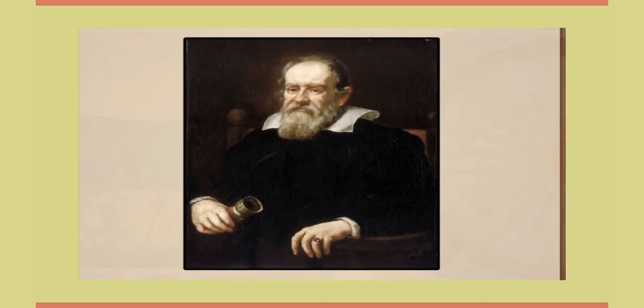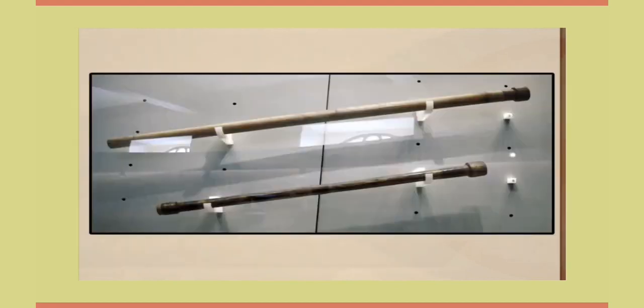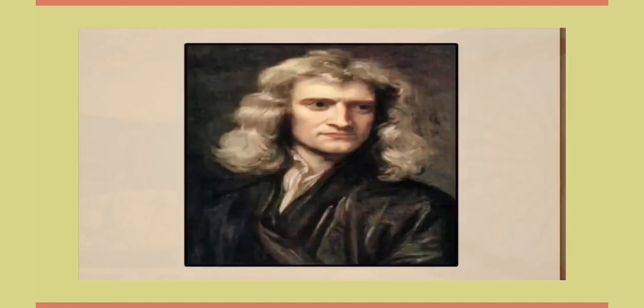Galileo, a great astronomer, invented a telescope. He confirmed the theory of Copernicus by studying the movement of heavenly bodies with a telescope. Isaac Newton proved that all heavenly bodies move according to the law of gravitation.